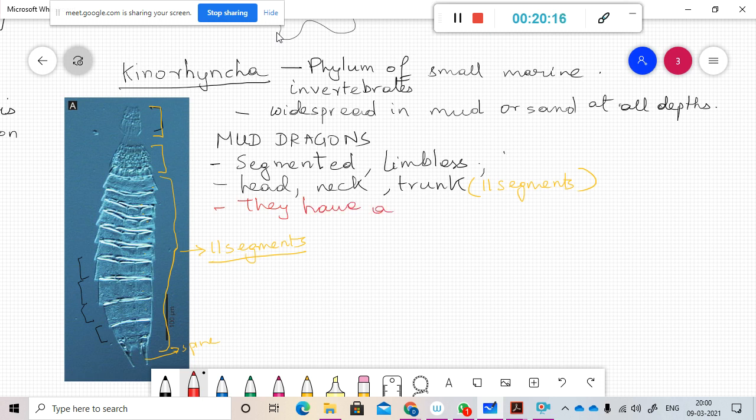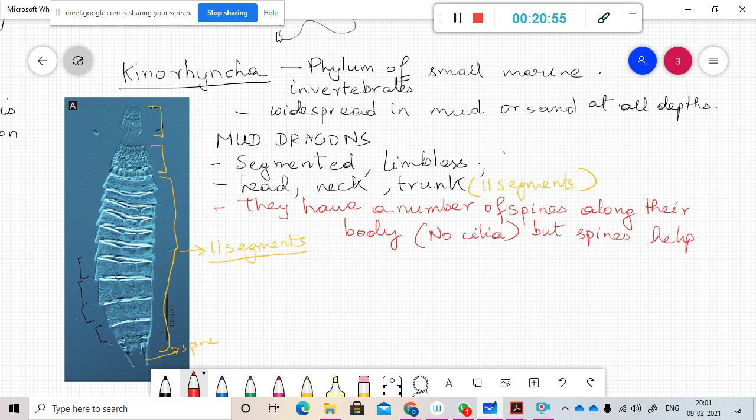Essentially, like all ecdysozoans, they have no cilia, but spines help. The spines help in locomotion.